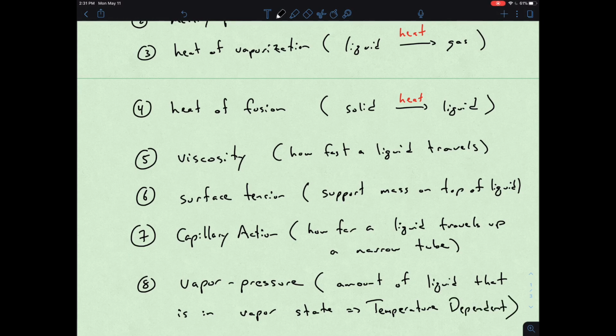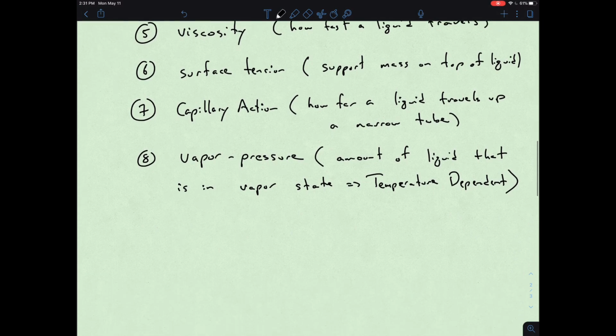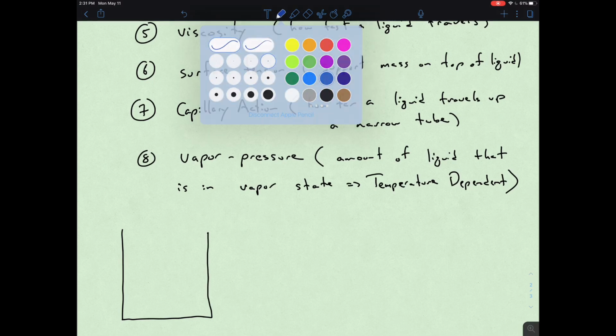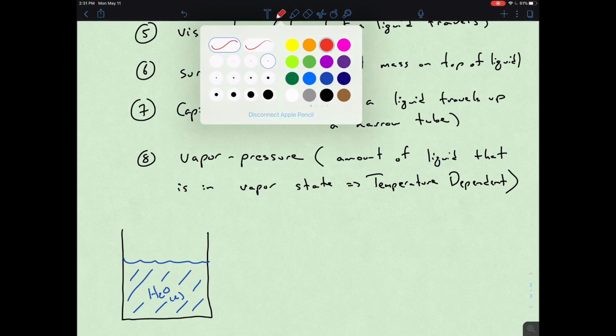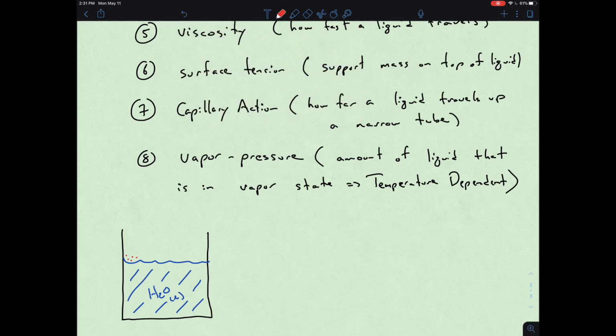So just to talk a little bit more about this notion of vapor pressure, just so that we understand what it is. If we have a beaker of water, there's a thin layer of gas over top of the water. And that's H2O in the gaseous state.